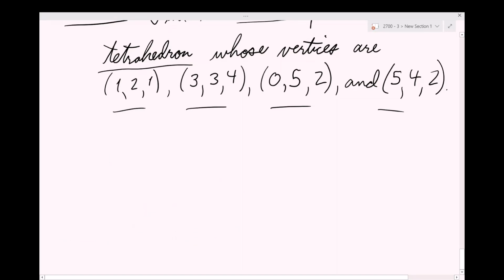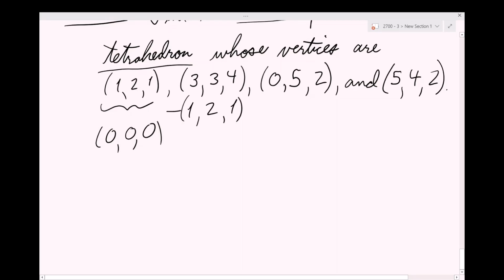I'm just going to say, let's shift this first one to the origin. So that's going to go to 0, 0, 0. Then I'm going to shift all the other ones the same way by subtracting that point.